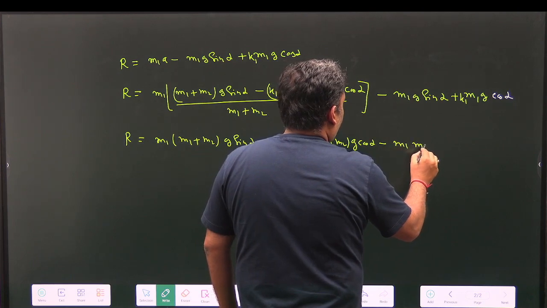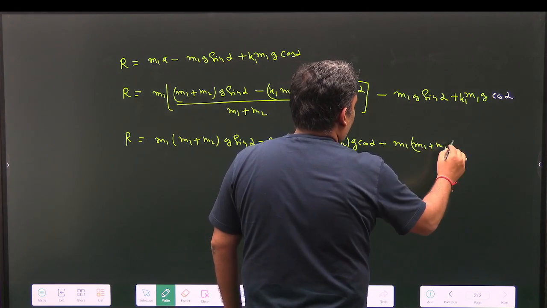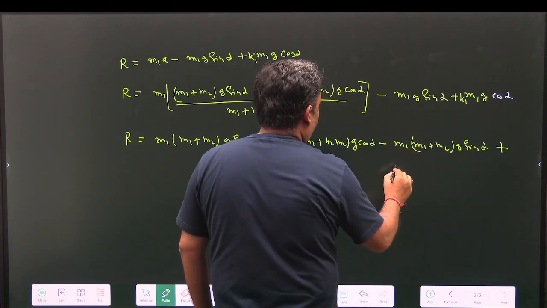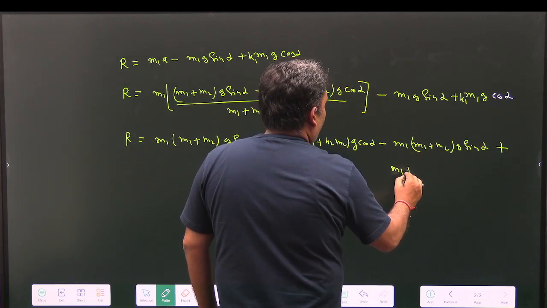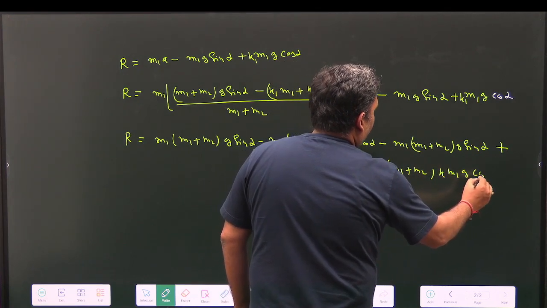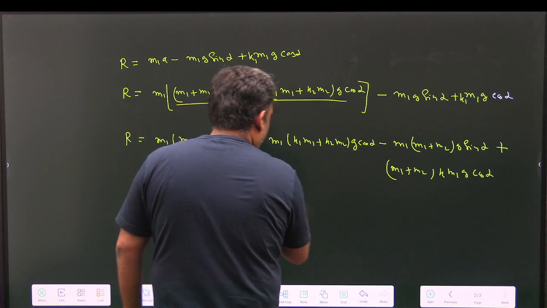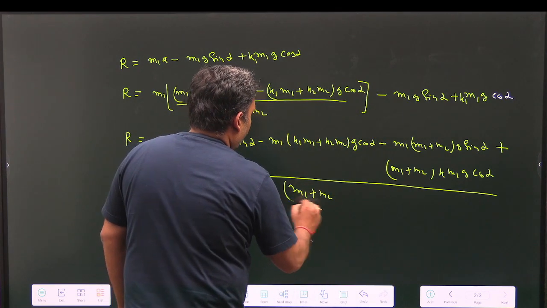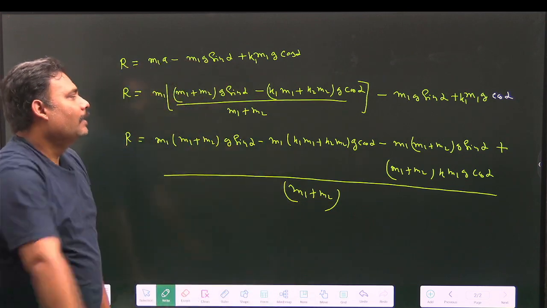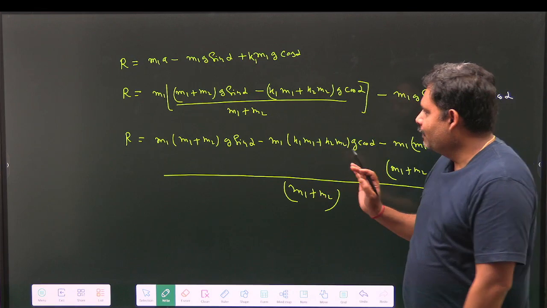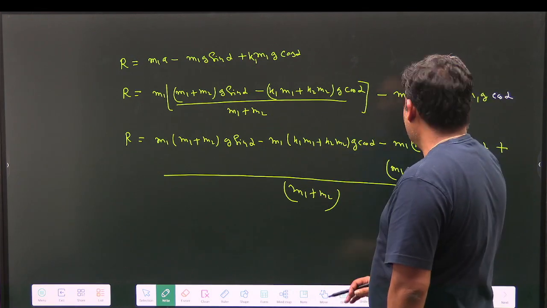So (m1 plus m2) g sin alpha, plus again it is going to multiply with this one, (m1 plus m2) k m1 g cos alpha, and in the denominator we have m1 plus m2. Now it looks very clumsy, but don't worry, a lot of things are going to cancel out.